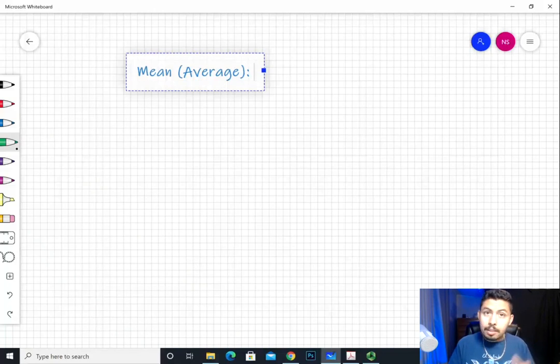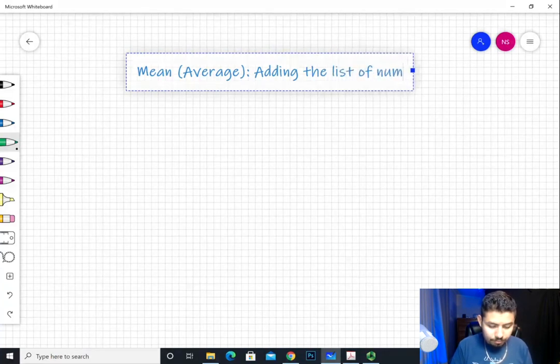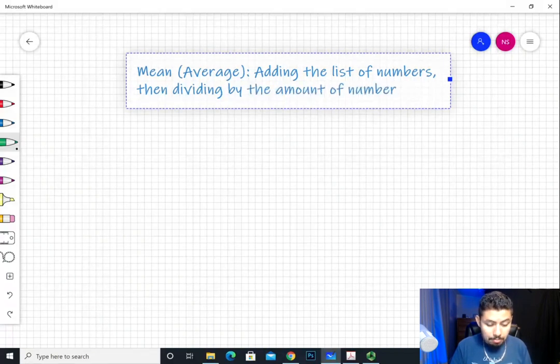How do you find the mean or average? It is by adding the numbers, the list of numbers, then dividing by the amount of numbers there are.